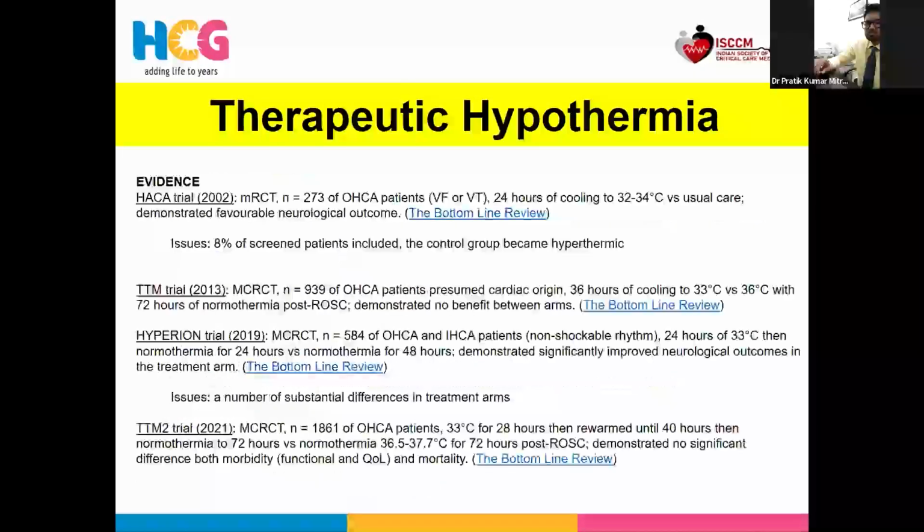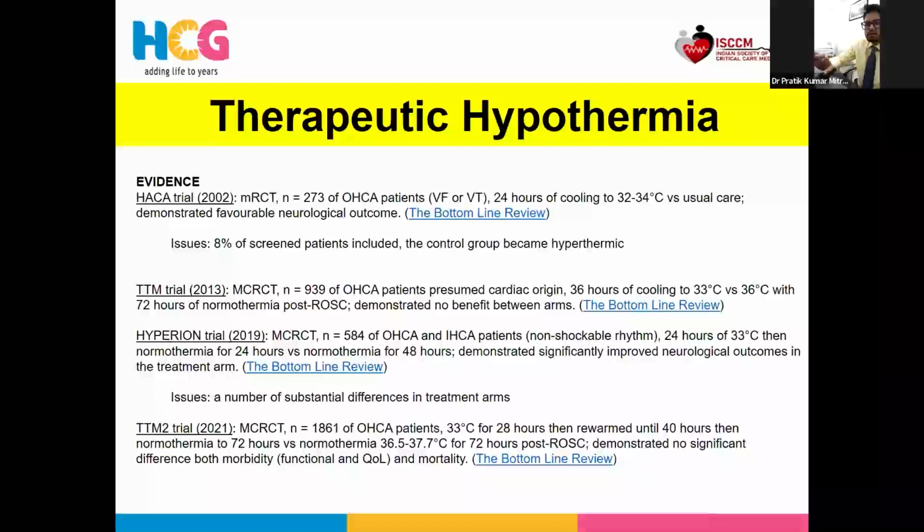In the evidence, there are different trials, like the HACA trial. It shows that 24 hours of cooling to between 32 to 34 degrees centigrade versus usual care demonstrated a favorable neurological outcome. The TTM trial didn't show any benefit between the arms, and the Hyperion trial showed significant improvement in the neurological outcome in the treatment arm. The TTM2 trial demonstrated no significant difference.